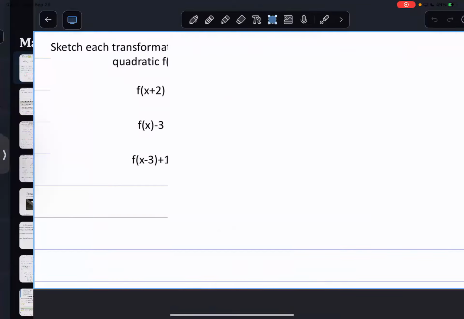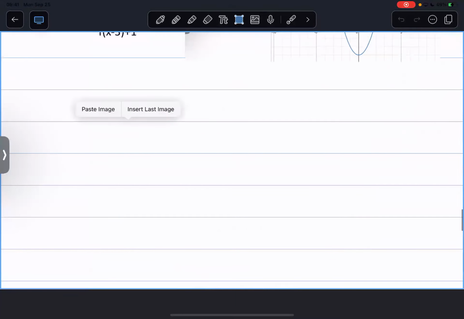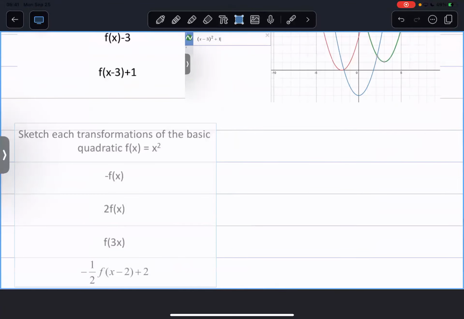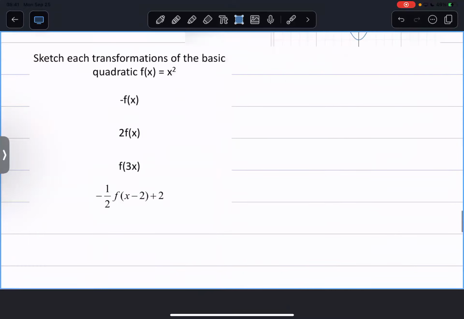Just do it in Desmos. It's not something that you should be doing in, oh, in Excel? No. Just know that you can do it.